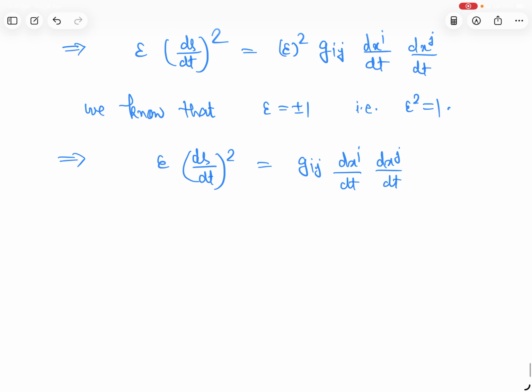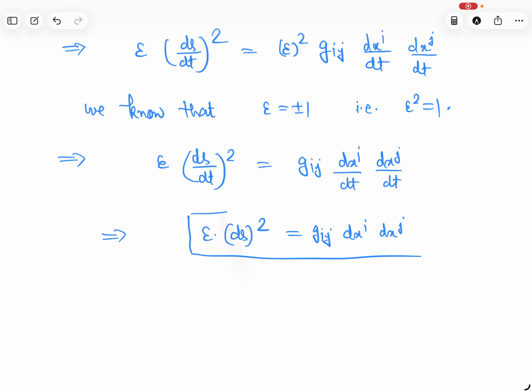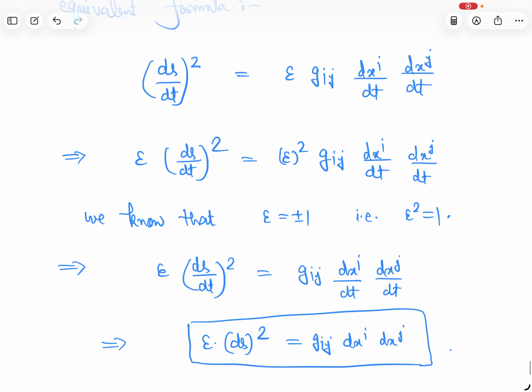Okay, we can cut down dt, and then we have this. So note up to this. This is the formula of arc length. We will use this formula to give an example of a metric tensor. Okay. Note up to this.